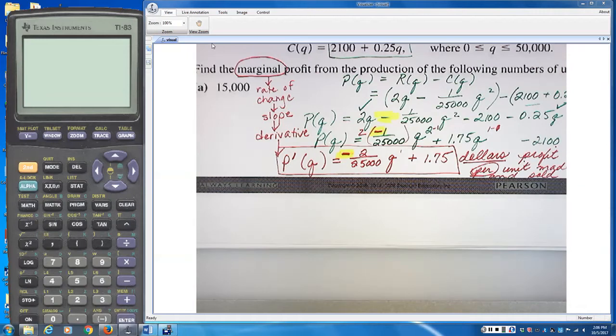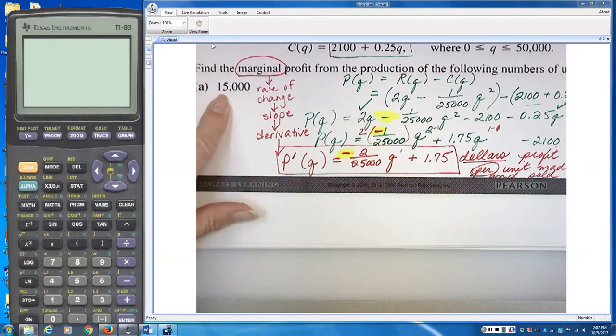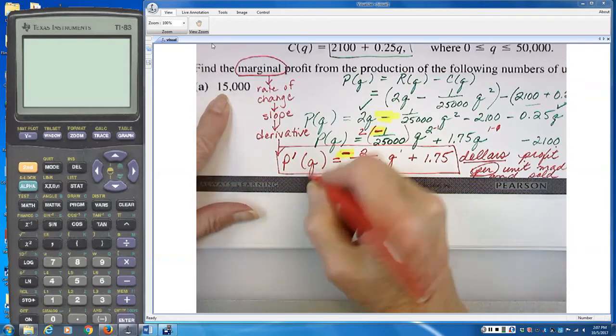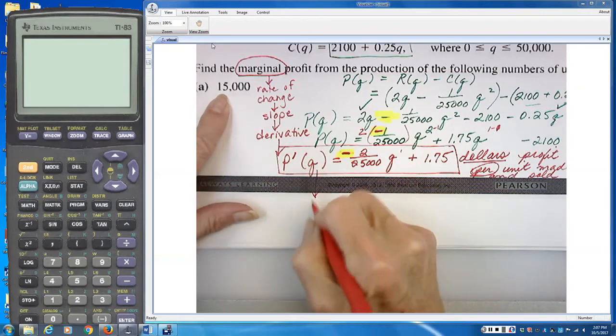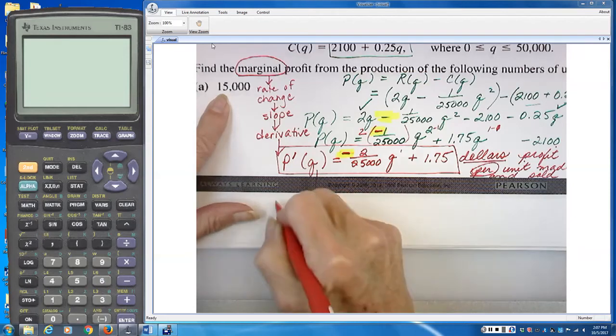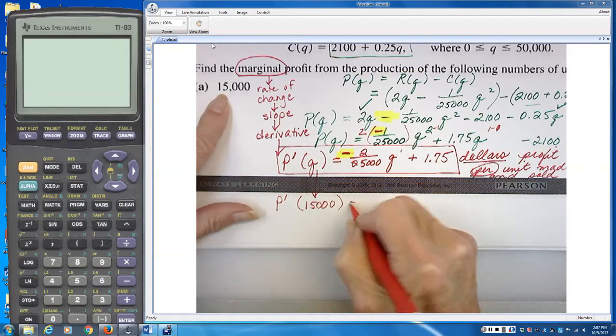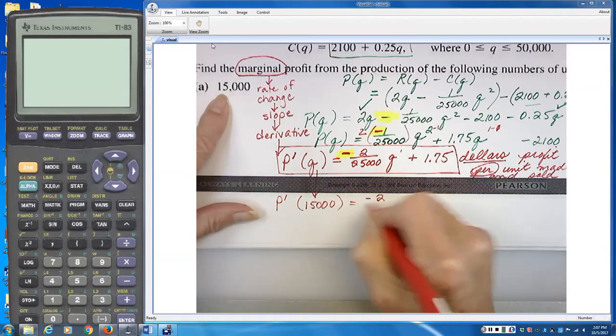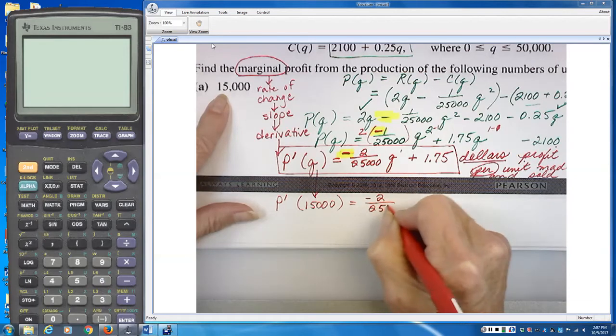Okay, so this is your marginal profit, and it wants to know the marginal profit at 15,000. That means we need to plug 15,000 in for Q. So that's going to be -2 over 25,000.